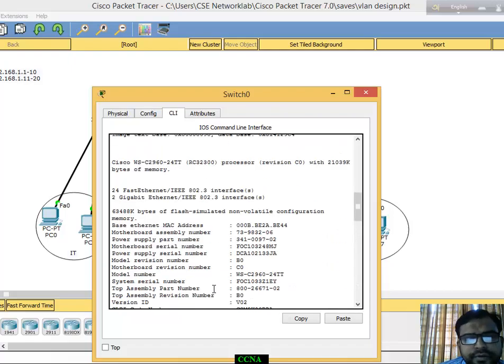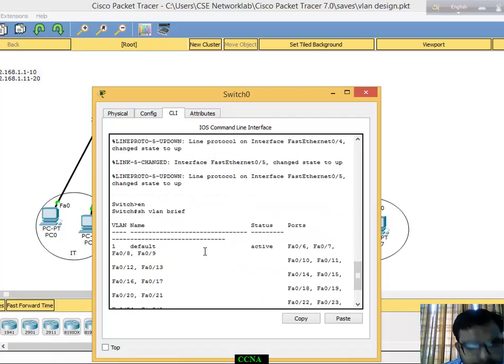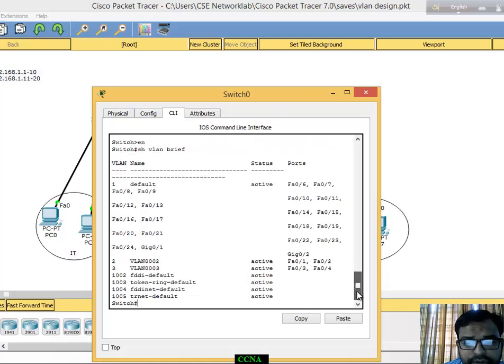There are two VLANs, VLAN 2 and VLAN 3. VLAN 1 is contained in the switch by default. So we have to provide VLAN 2 and VLAN 3.